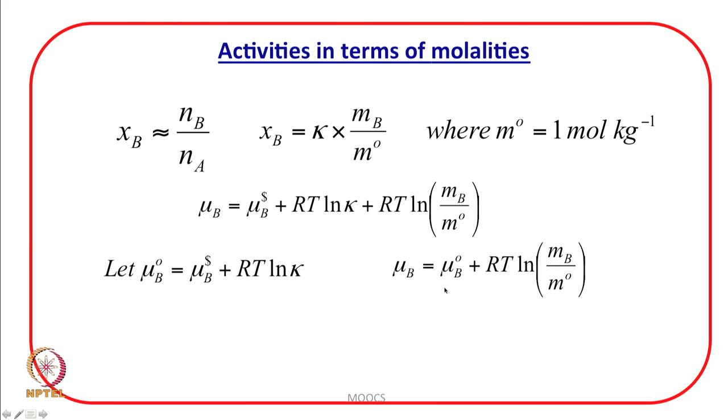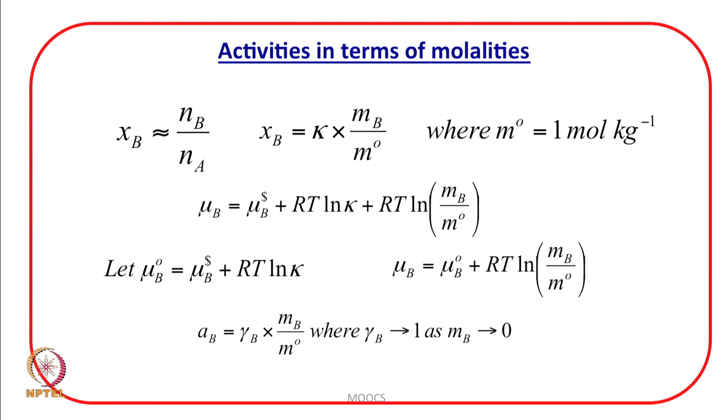That is, mu B is equal to mu B naught plus R T log m B by m naught, m B or m, whichever way you want to write. The activity is connected to molality by the usual connector, which is the activity coefficient. That is, activity of a solute is equal to activity coefficient times m B by m naught.